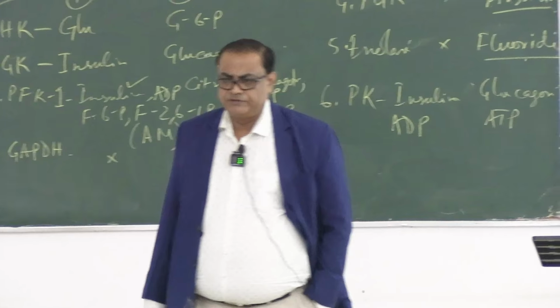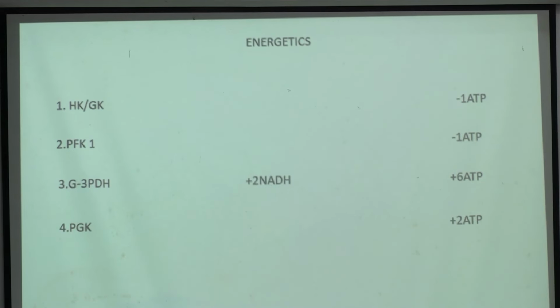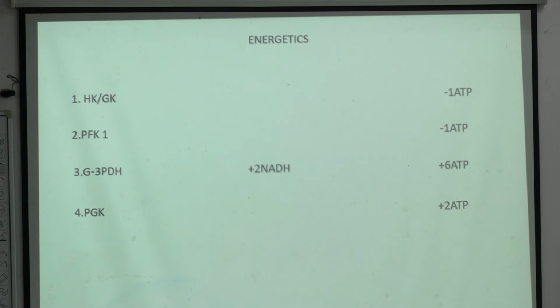PGK, phosphoglycerate kinase. Why 2 ATP here? Because from step 4 it has split into 2 halves, so twice the reaction.